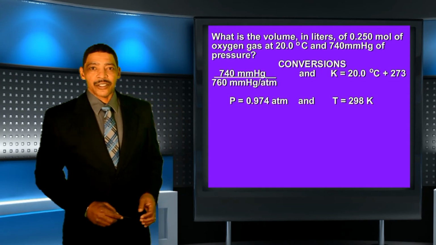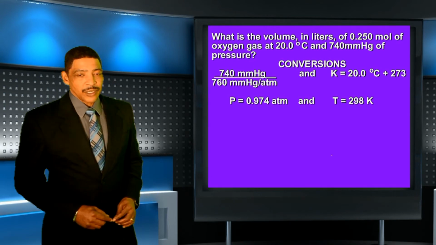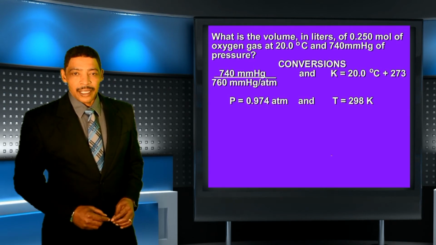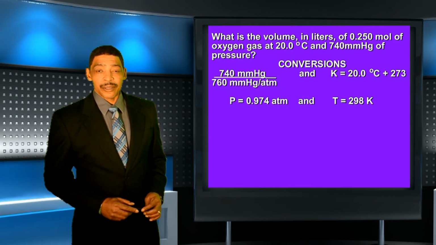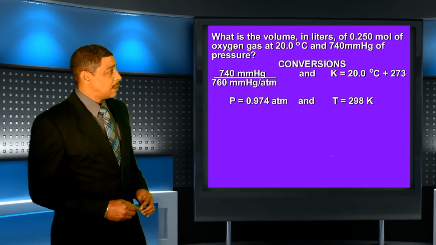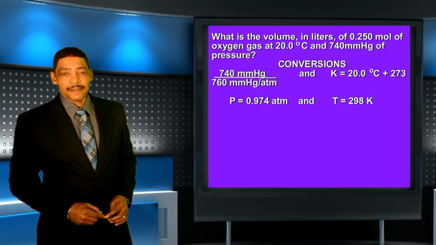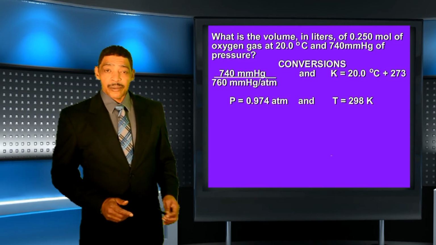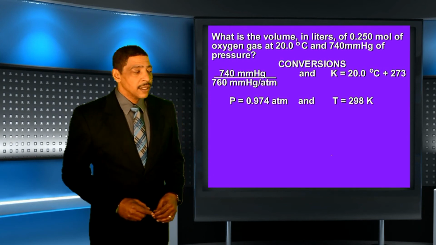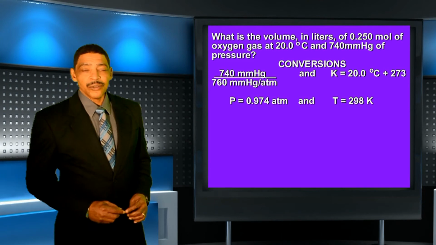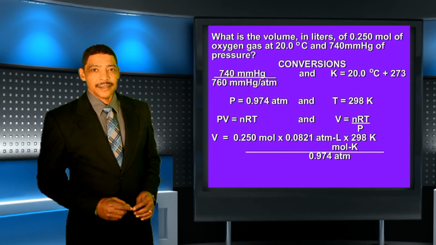To convert the pressure to atmospheres, we divide 740.24 mmHg by 760 mmHg per atm. This will equal 0.974 atm. To convert the temperature to K, we add 273. 20 degrees Celsius plus 273 will equal 298 K.